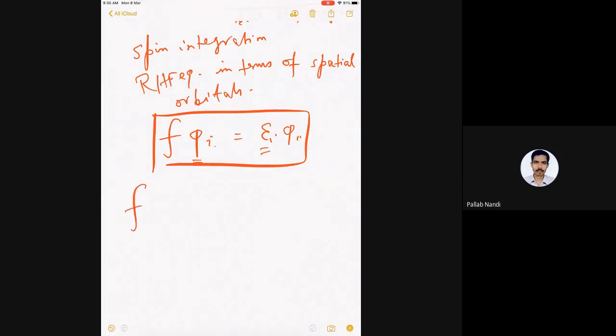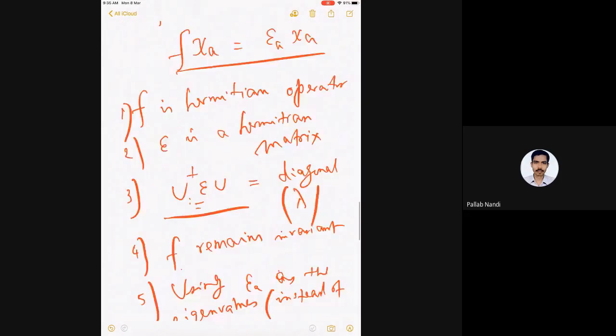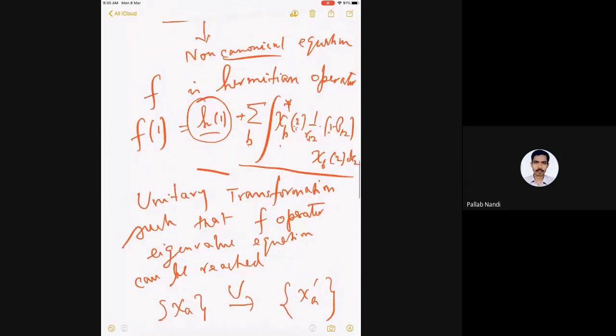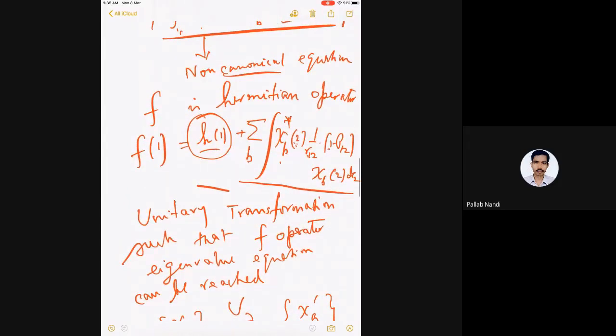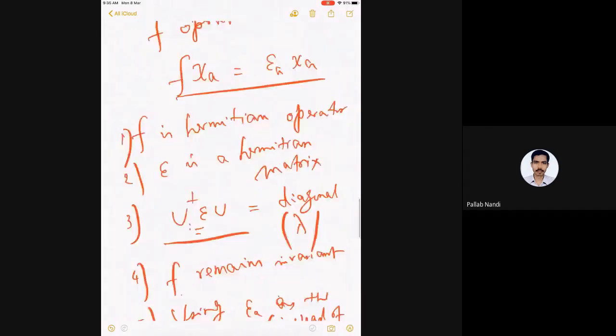The only point is that F has a slightly different form, which is h of 1, but the summation is now over n by 2 spatial orbitals. So instead of n spin orbitals, b equal to 1 to n, now this is over spatial orbitals.